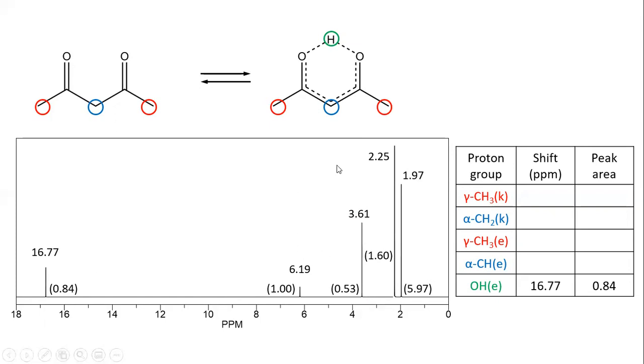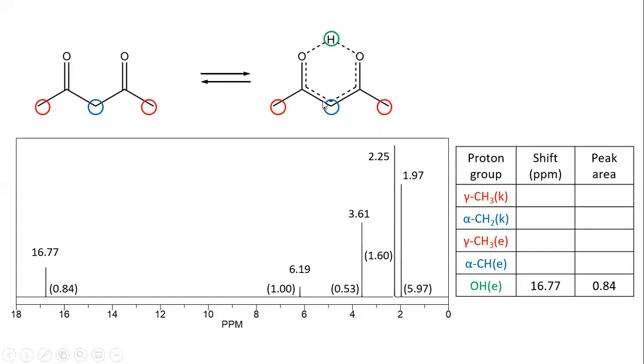So for example, if I know my OH proton has a peak area of about 0.84, I know that I should have a ratio of 1, 1, 6. And I should see a couple of peaks here that would have a ratio of 1 and 6 compared to this OH proton. Well, let's start with the 1 first.